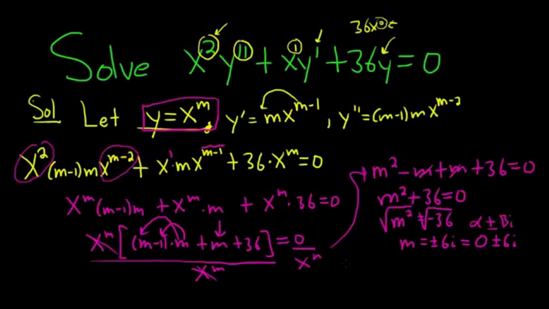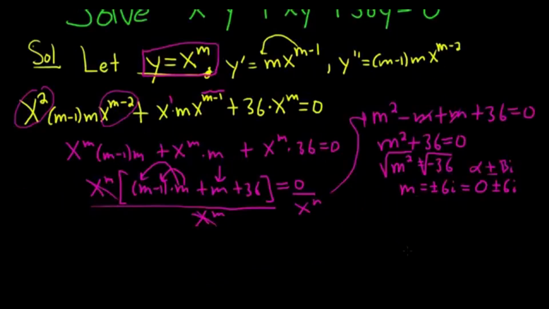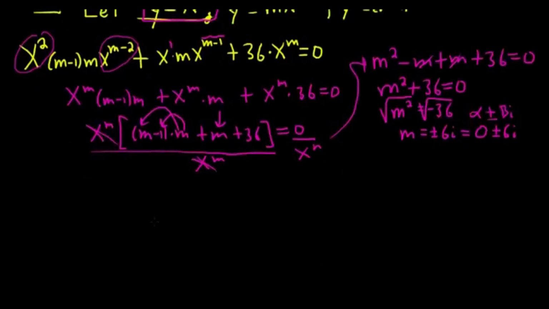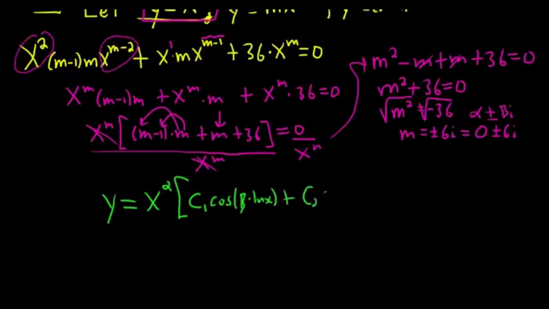So when you're doing Cauchy Euler equations and you have complex conjugates, recall the formula was y equals x to the alpha, I'll use a bracket, c1 cosine beta ln x plus c2 sine beta ln x. Now all we have to do is plug everything in.